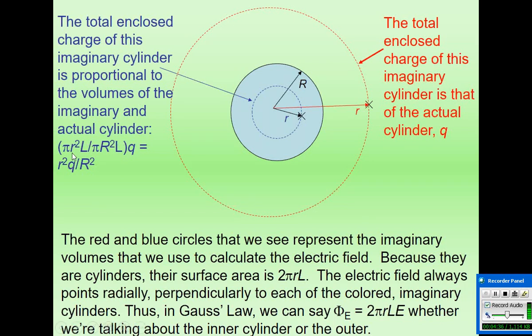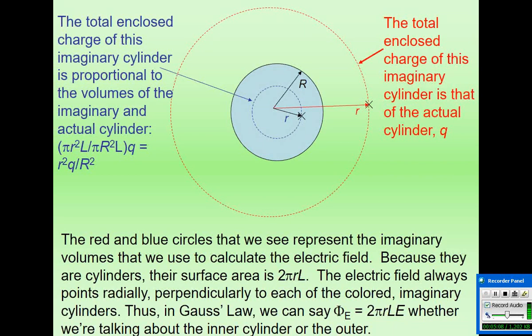So if you look on the left-hand side, you'll see this expression, pi times little r squared times capital L over pi times big R squared times capital L. Well, the volume of a cylinder is the cross-sectional area, pi r squared, times the entire length of the cylinder, which I'm saying is capital L. So pi times little r squared times L is the volume of the imaginary cylinder. Pi times big R squared times L is the volume of the actual cylinder.